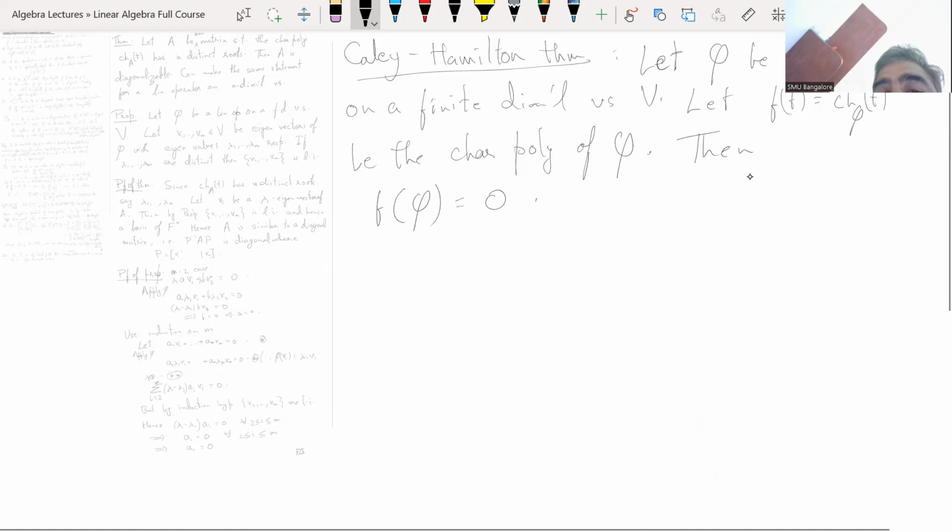Note f of t is going to be some polynomial, and it's a monic polynomial.